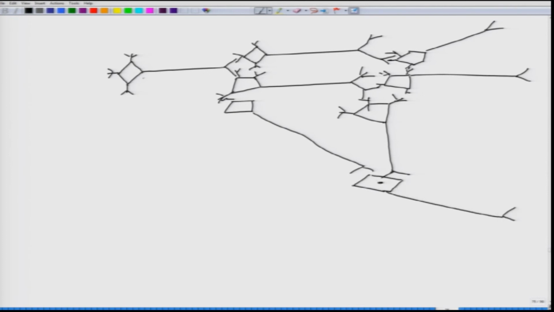Okay, let me number them. You have 1, 2, 3, 4, 5, 6, 7, 8. So you can see that at different levels I have drawn them. And anyway, this goes on, and similarly this is received.